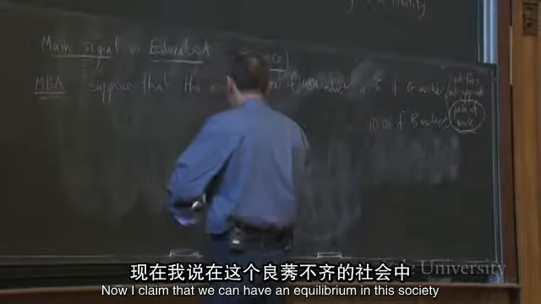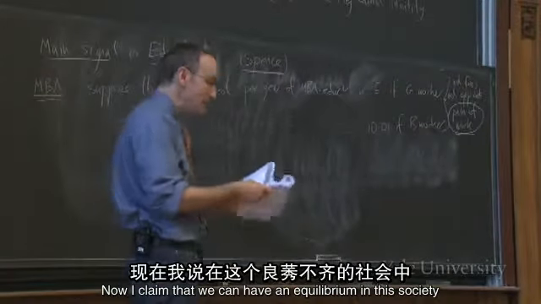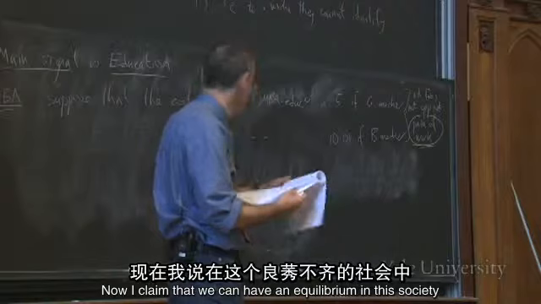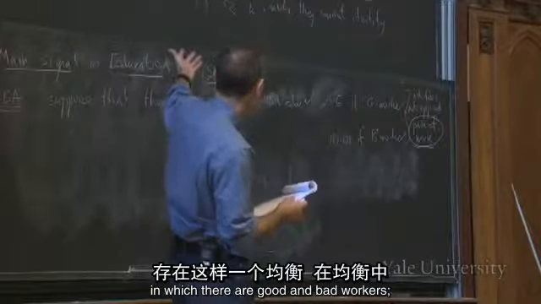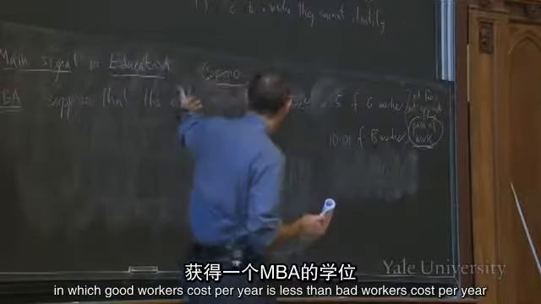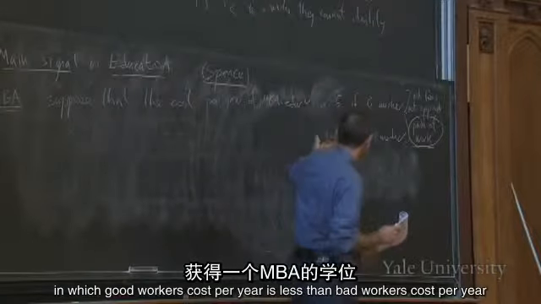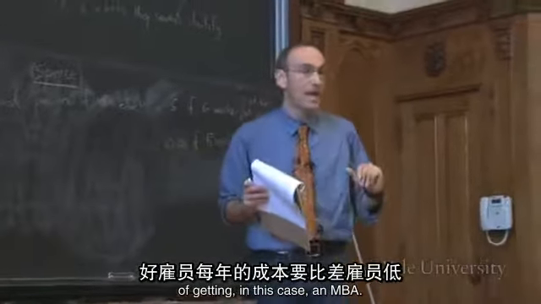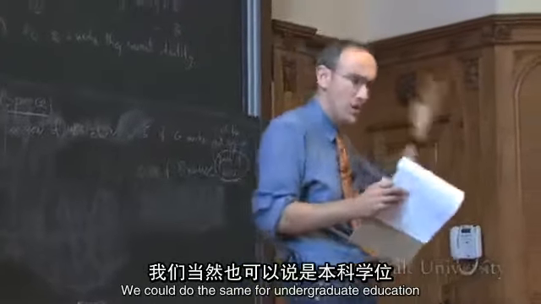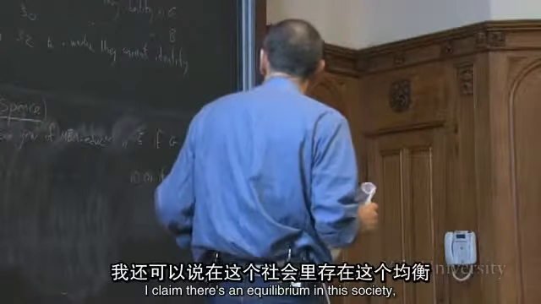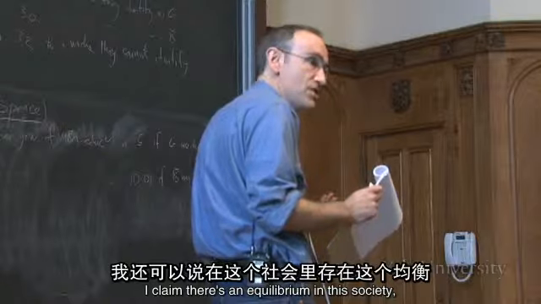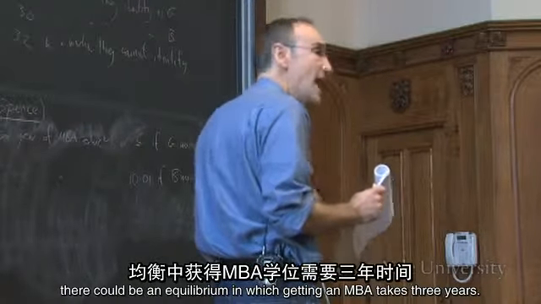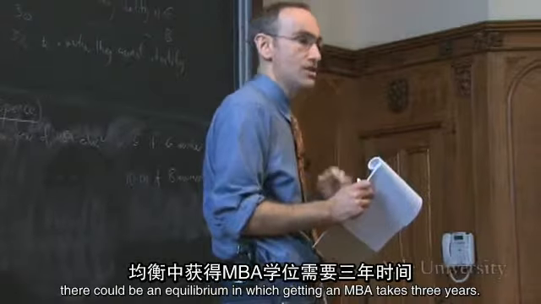Now, I claim that we could have an equilibrium in this society in which there are good and bad workers, in which good workers' cost per year is less than bad workers' cost per year of getting, in this case, an MBA. We could do the same for undergraduate education, but let's focus on the MBA for now. I claim there could be an equilibrium in which getting an MBA takes 3 years.